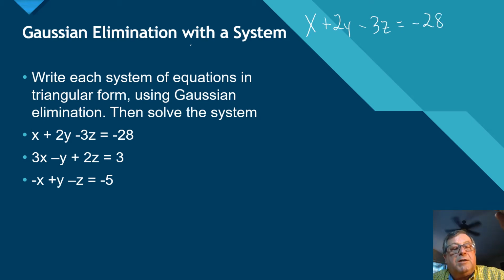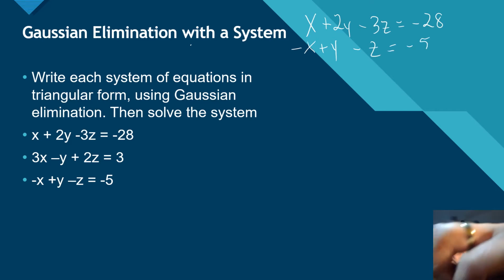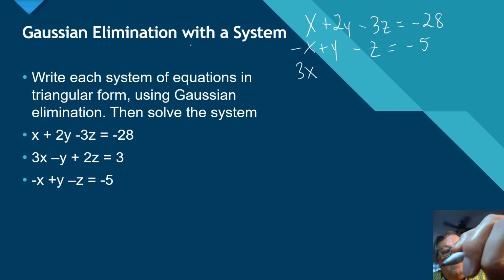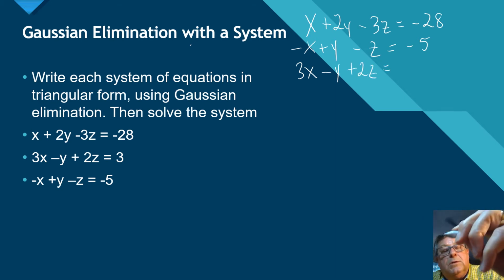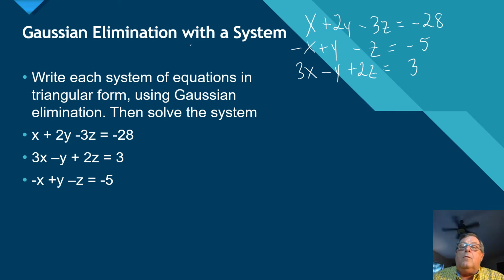And then I'm going to move equation number 3 into the second position. So now I've got negative x plus y minus z equals negative 5. And then lastly, the third equation, 3x minus y plus 2z equals 3.